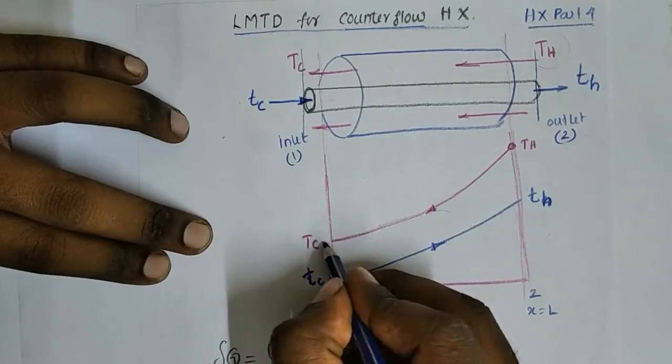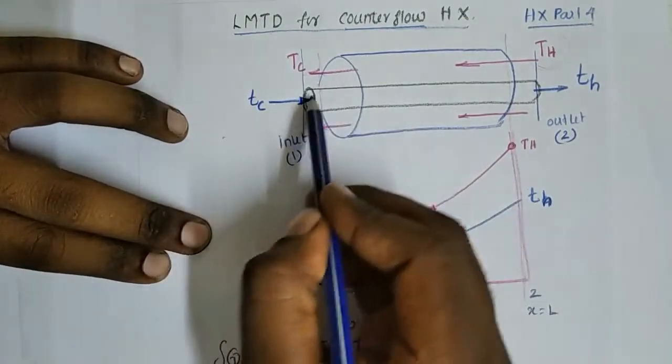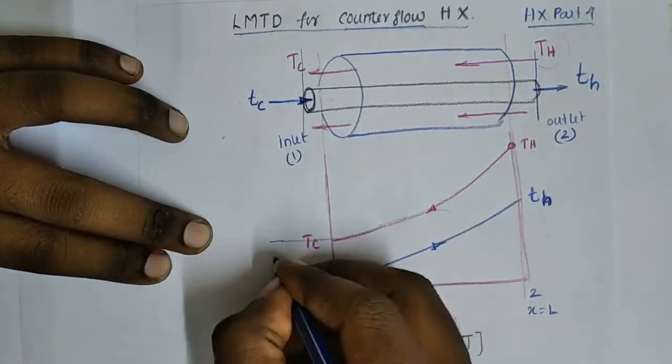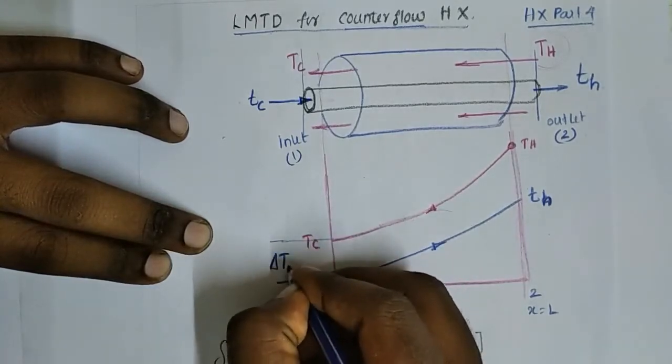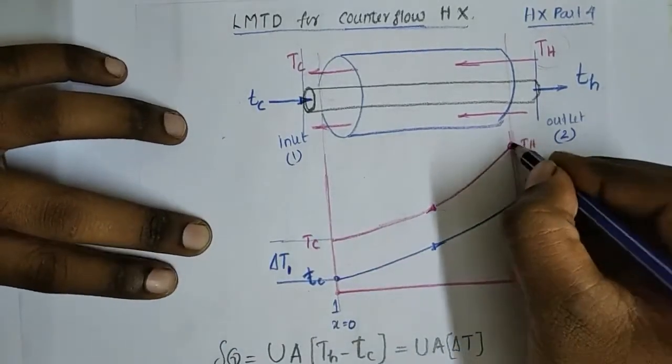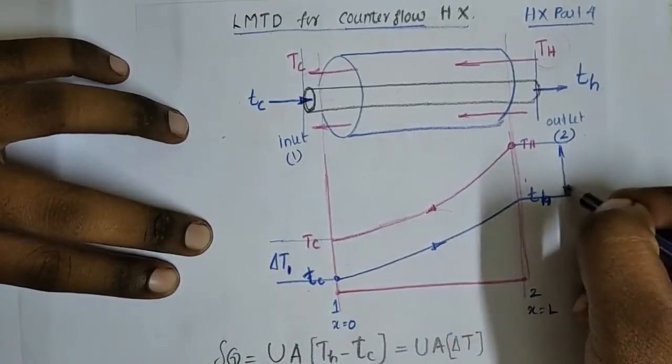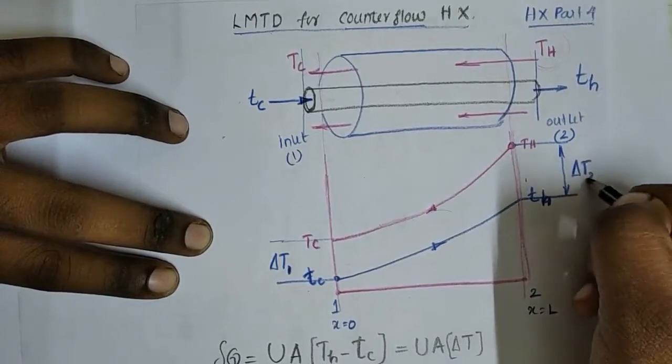Now, at the inlet side, by considering the cold fluid, this is delta T at the inlet, that means delta T1. Here, this is delta T at the outlet, delta T2.